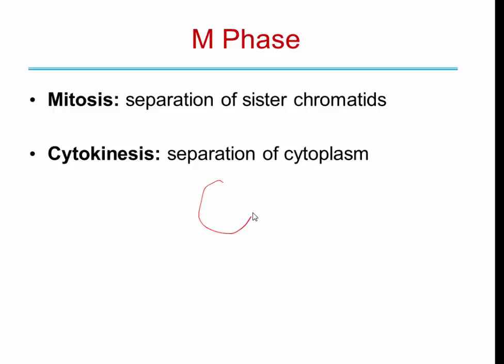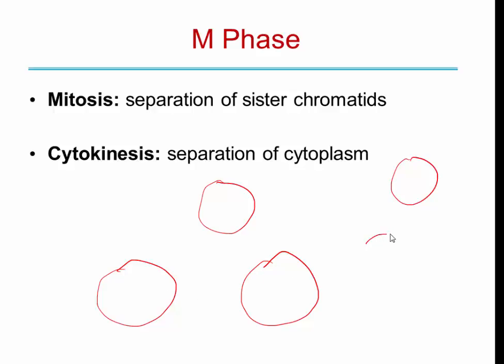The other thing I really care about is that sometimes we start talking about cells and we want to kind of know what the chromosomes are doing. And after cytokinesis is when the cells are completely divided. So we'll see cells sort of at this point like this.